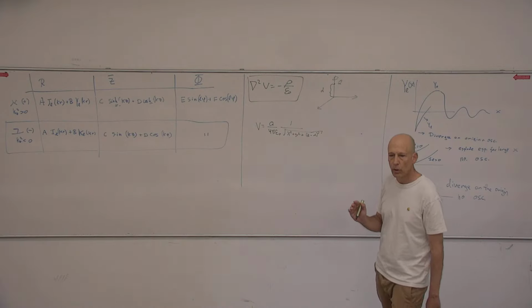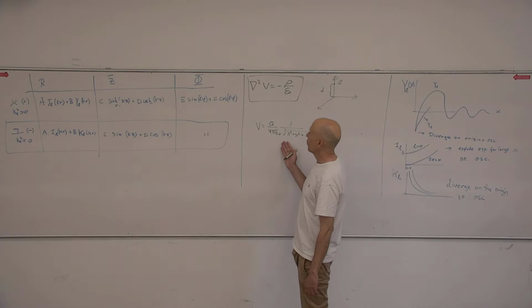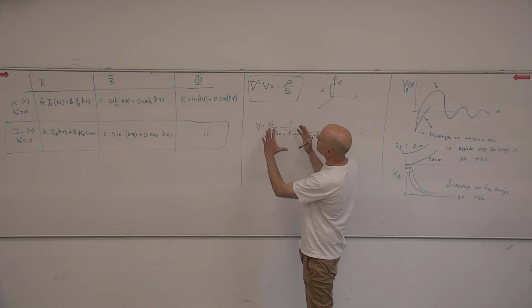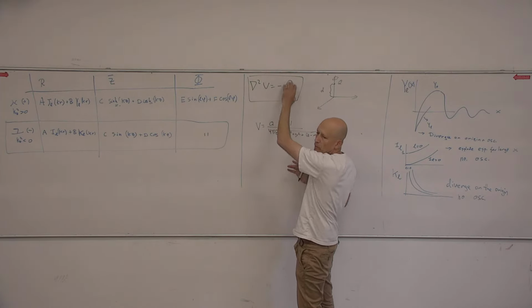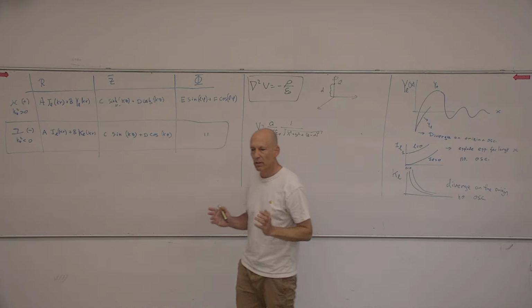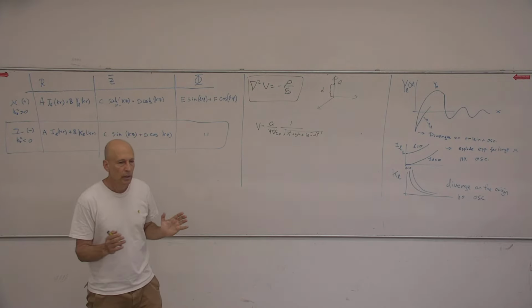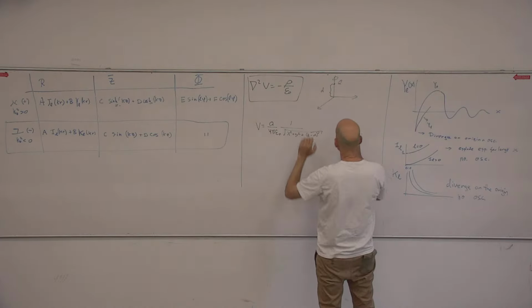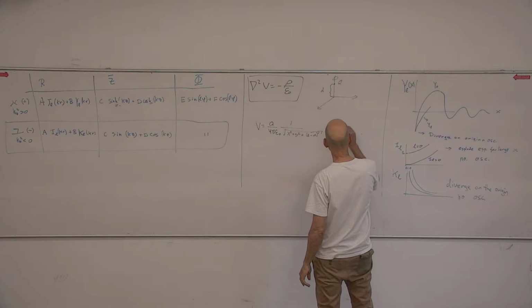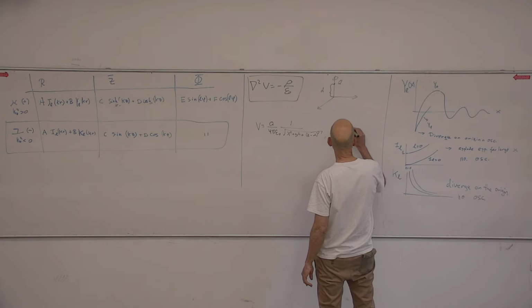This is also something you know. So by knowing the physics, we know the solution. If I plug this in, I have to get the related density. What is the density in this case? What is the density? It's simply rho.